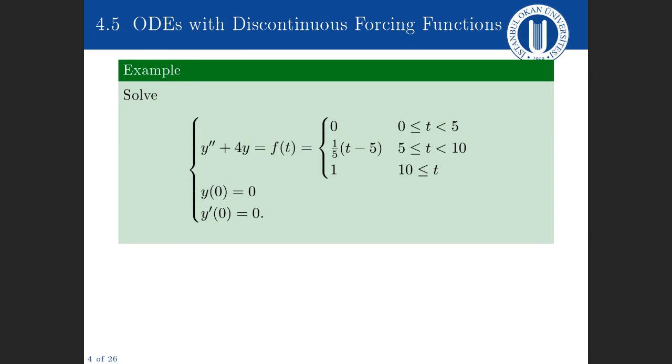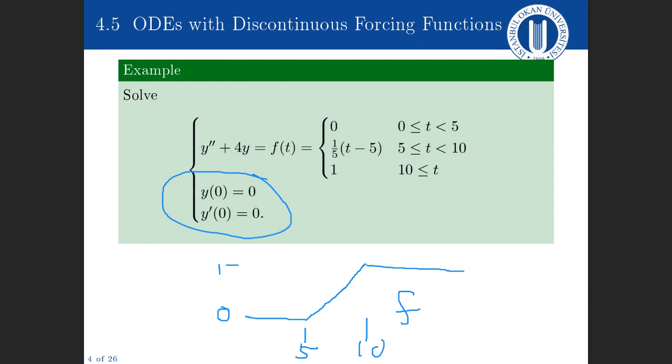We have a function which is 0 for the first 5 seconds, and then it slopes up, and then it's equal to 1. And just to make this easiest, we'll have 0 initial conditions.